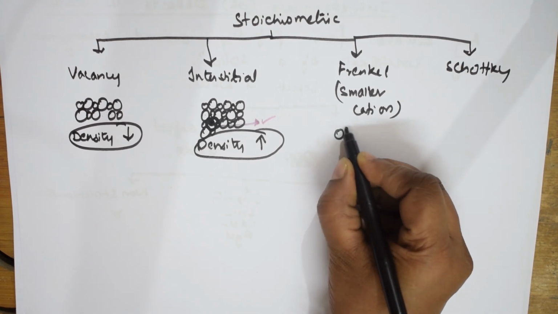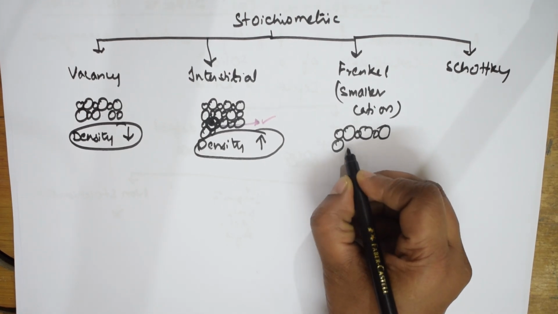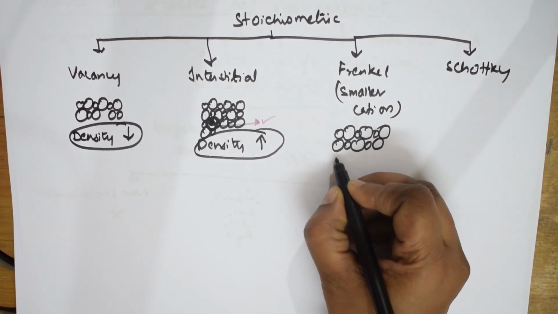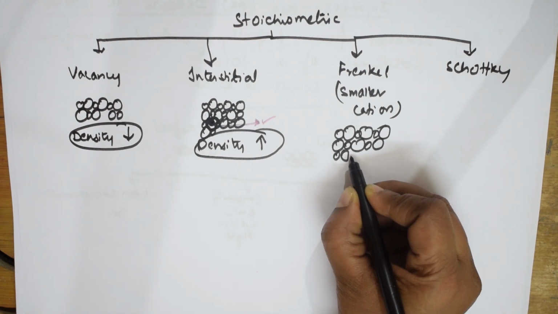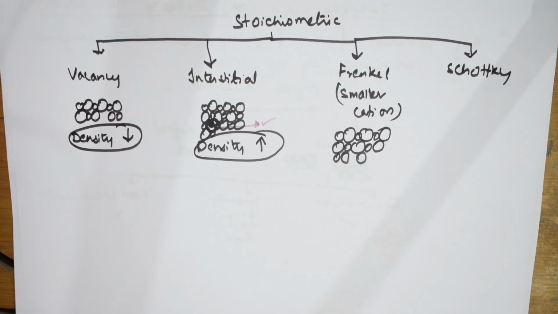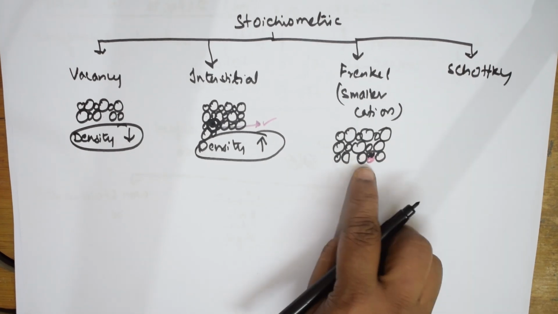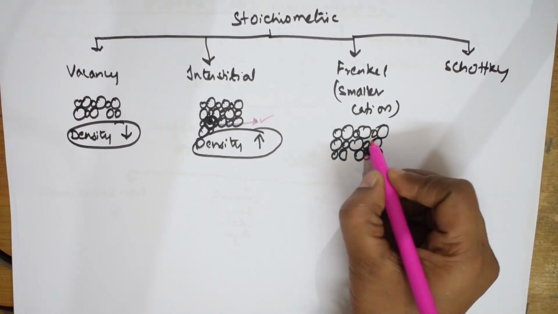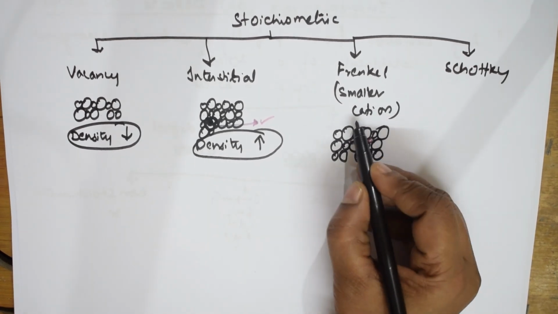If I draw cation, anion, cation, anion, with bigger and smaller ions alternating, this cation moves off and occupies the interstitial space, whether from here or from there.